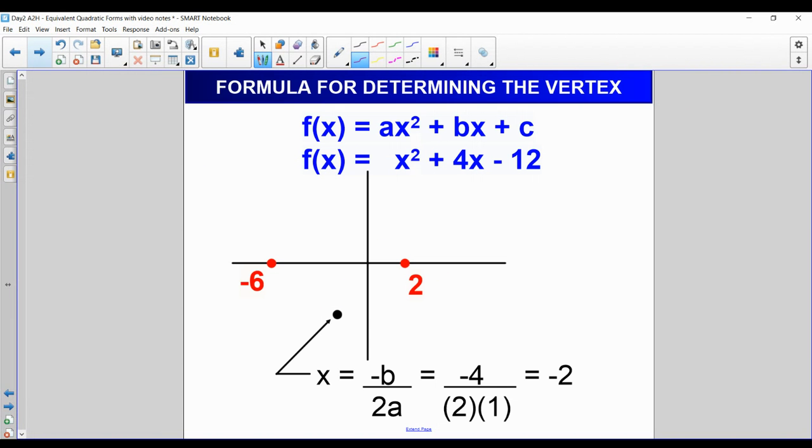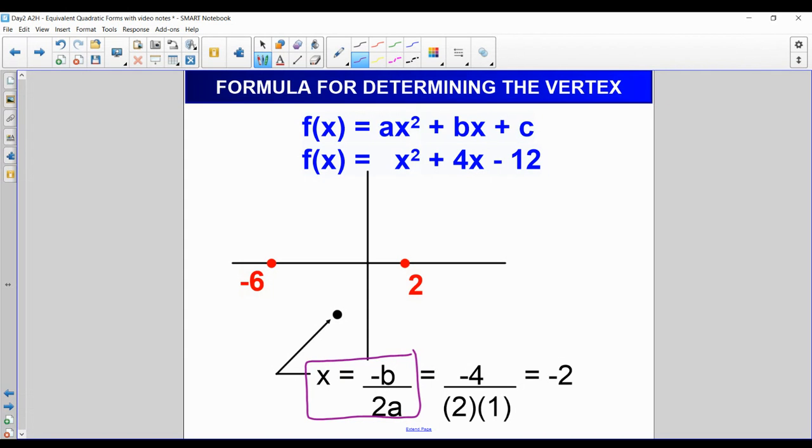We know the y-intercept because it is just the c value. Let's look at something else. So if I look at this, I can determine the vertex directly from standard form. So I'm going to use this, x equals negative b over 2a.